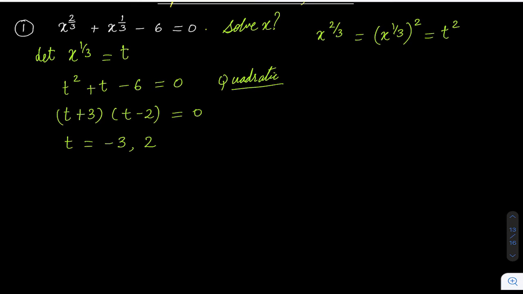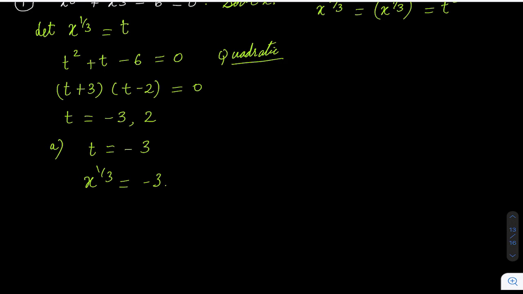So first case, t is equal to minus 3, it means x power 1 by 3 is equal to minus 3. Now cubing both sides, or you can use your calculator, we can write x is equal to minus 3 cubed. So this will be nothing but minus 27. So this will be one of our answers. Now second case, similarly we will take t as 2.